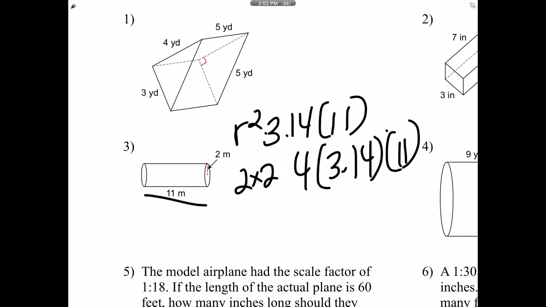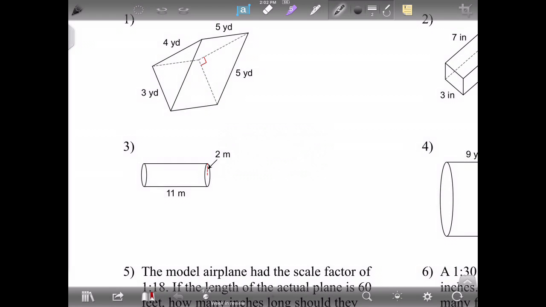Okay, so our volume is 138.16 cubic meters.